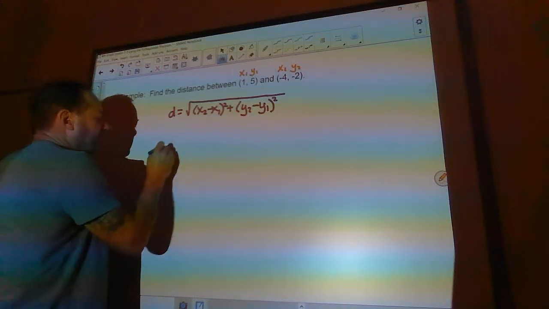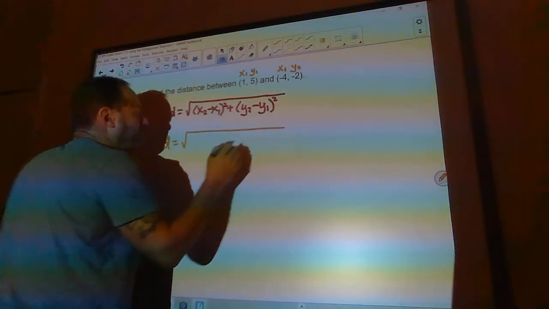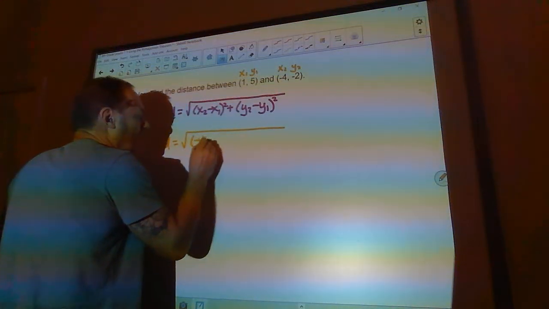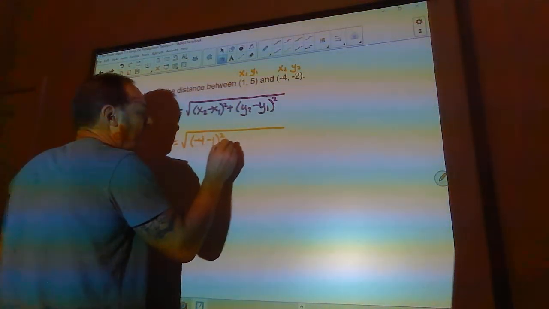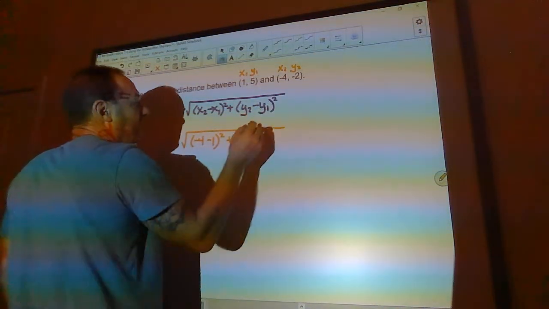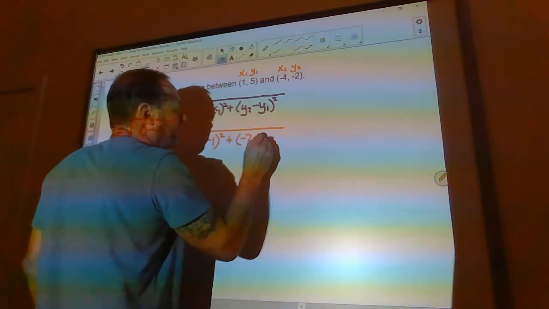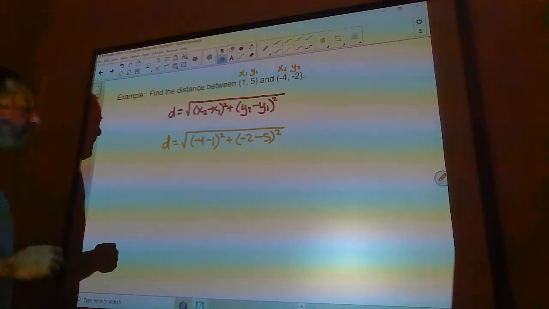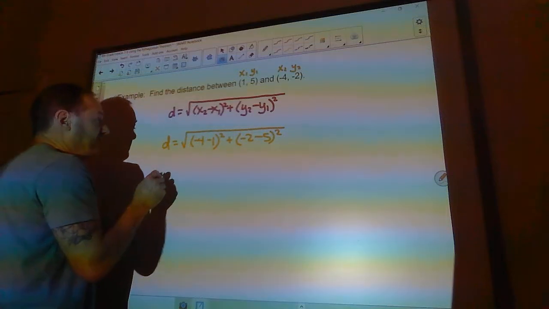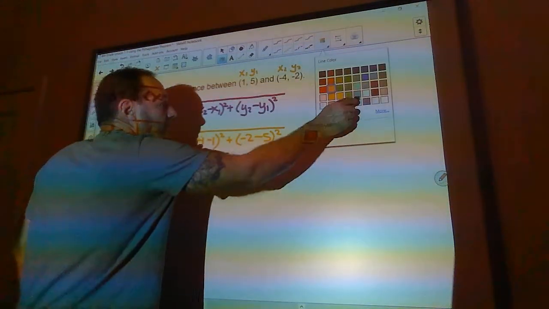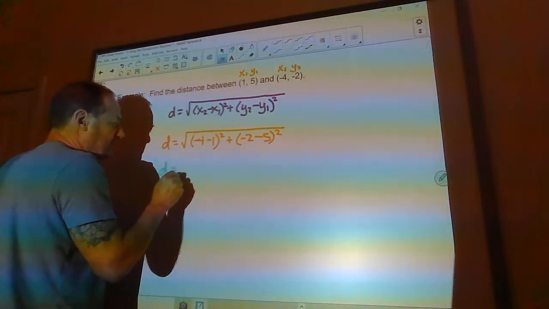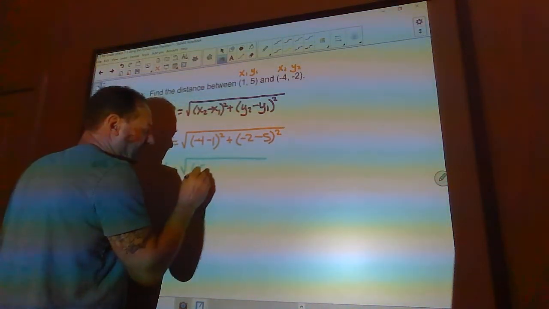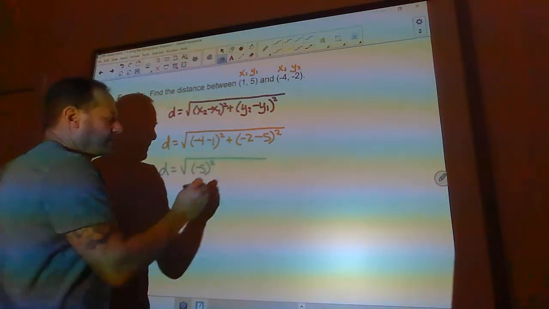Okay, and so now we can plug things in. D equals the square root. Okay, so this would be negative 4 minus 1 squared plus negative 2 minus 5 squared. And now I just figured it out. I mean, once you get here, this should be easy now, right? So D is going to be, let's see, negative 4 minus 1 is going to be negative 5 squared.